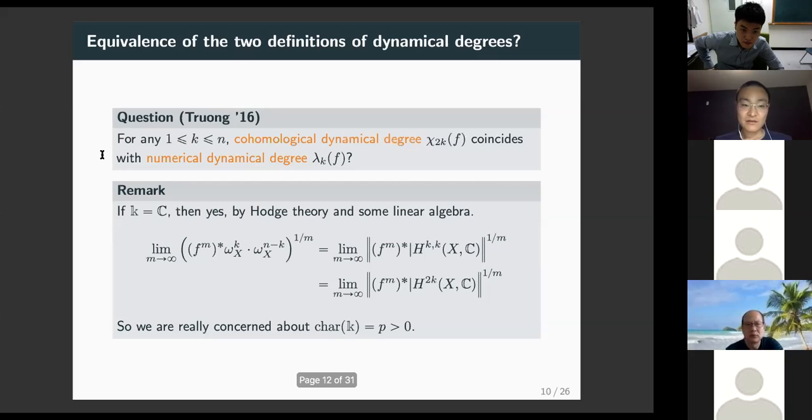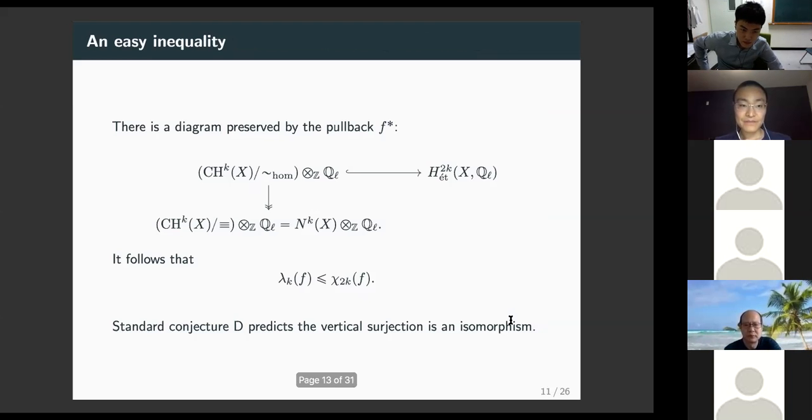Okay. So our question is really about positive characteristic. All right. So before we talk about Frobenius, here's an easy inequality. We have the following diagram, which is preserved by the pullback map. This is the Chow group, the group of algebraic cycles of codimension k modulo rational equivalence.